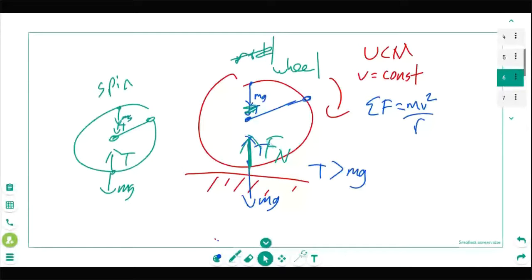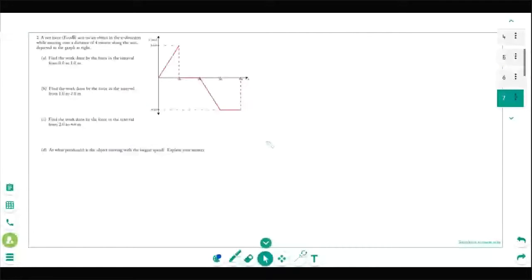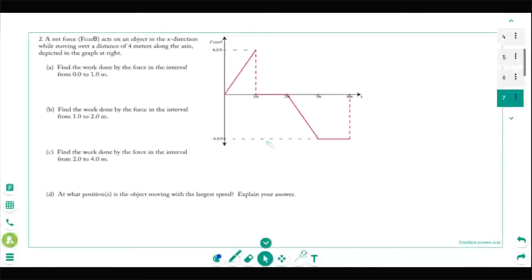Do we need to work with potential energy versus difference graphs, like knowing the slope of the force? I have not seen any examples where we have to do potential energy graphs. I have seen quite a few examples where we have to do a question like this, dealing with force distance graphs, and then knowing that the area of this, which is force times distance, equals the work of the object.